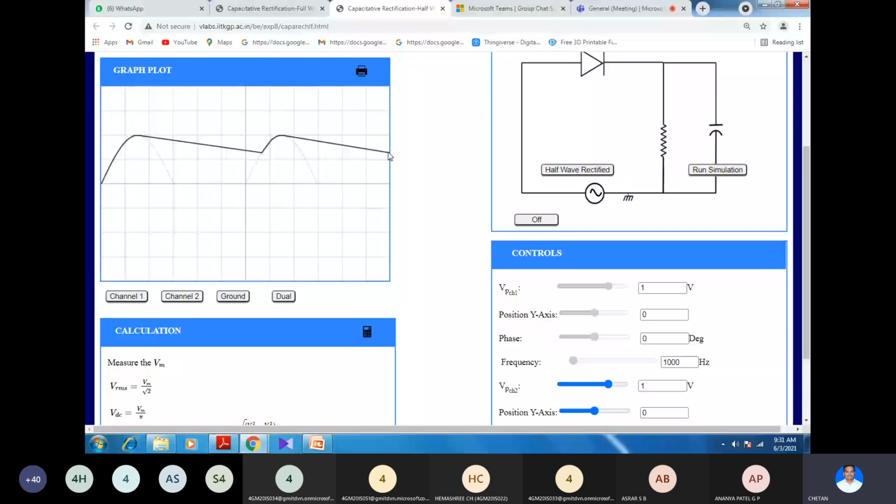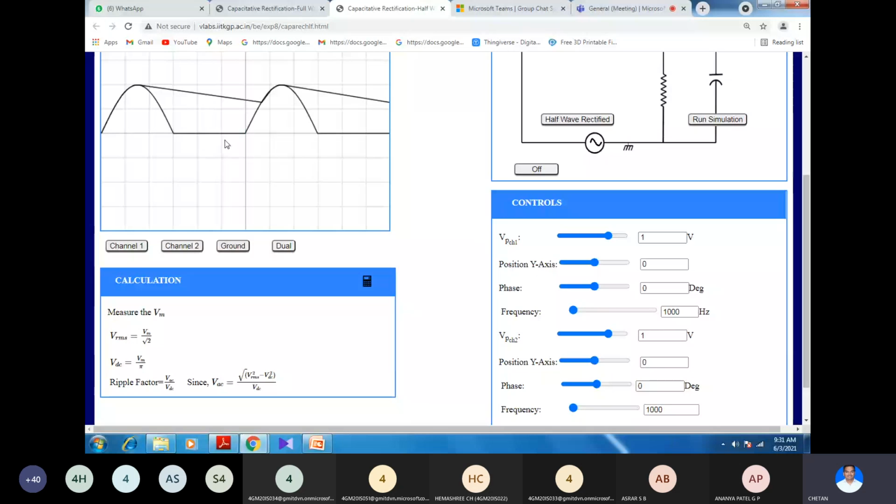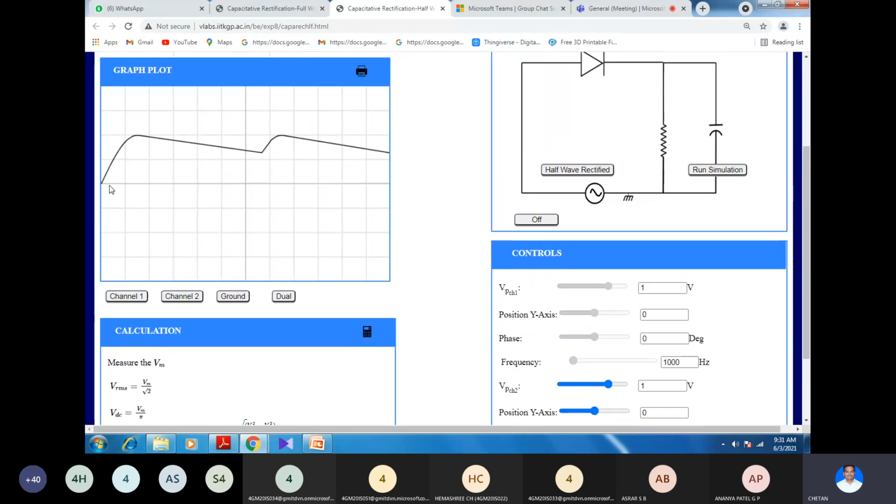Now you can see both waveforms. You can see the capacitor filter's waveform as well as the half wave rectifier without capacitor filter. This is only the capacitor filter's output, or a half wave rectifier with capacitor filter.